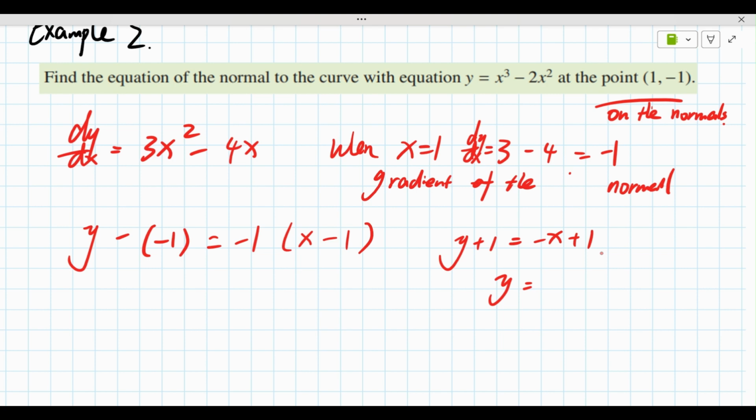Wait, hold on a second. Yeah, but x equal to 1. So that's your y equal to minus x, pretty much.